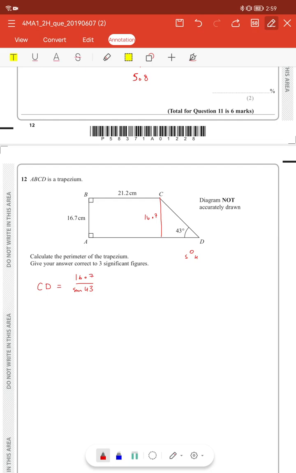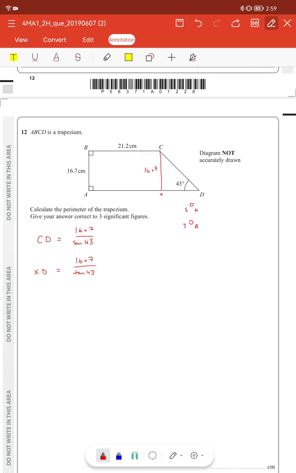And we also need to work out, if I call this point x, XD, well, for that we're going to use tan. So we know that would be 16.7 over tan 43.